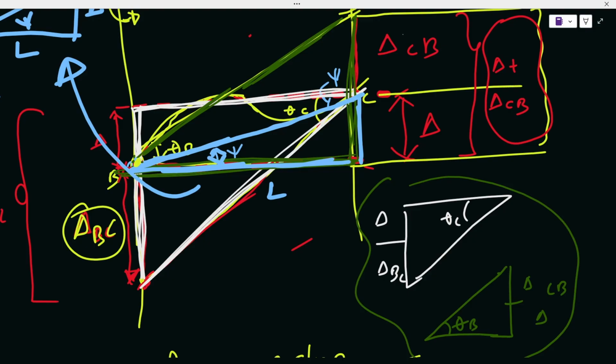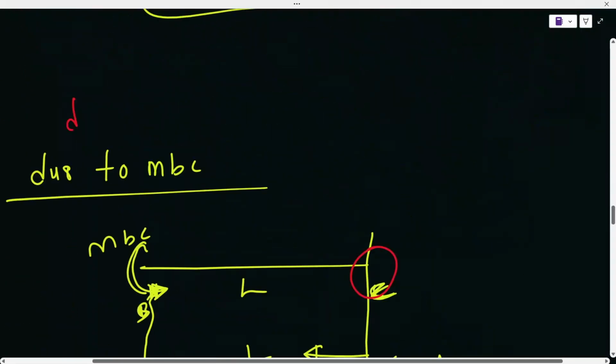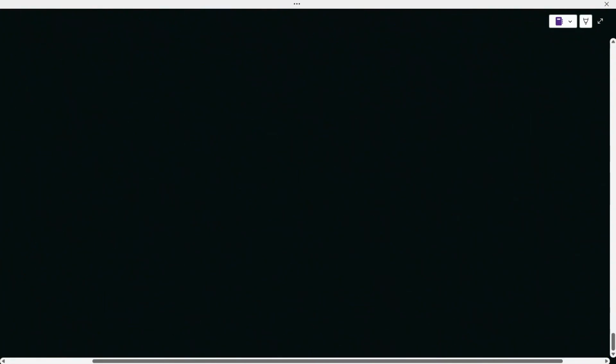Delta BC of this main, combined loading must be equal to, okay, let me write it down.